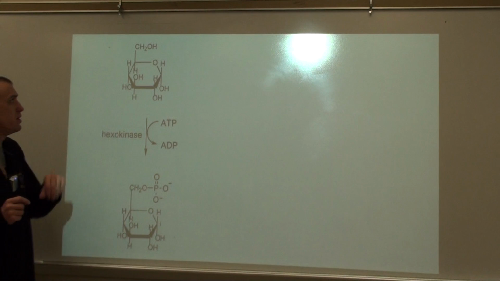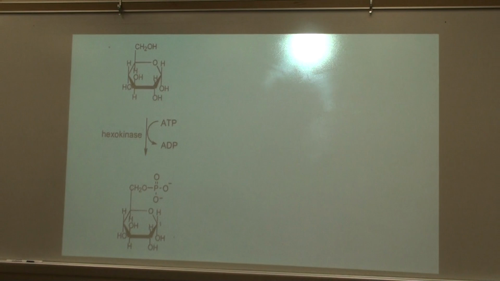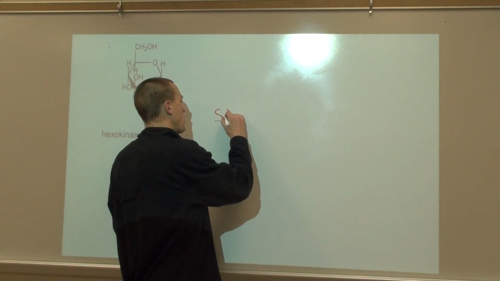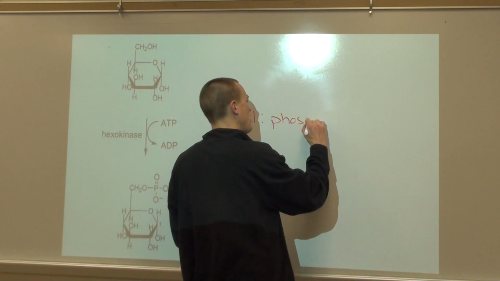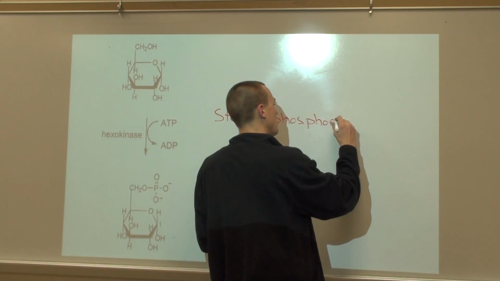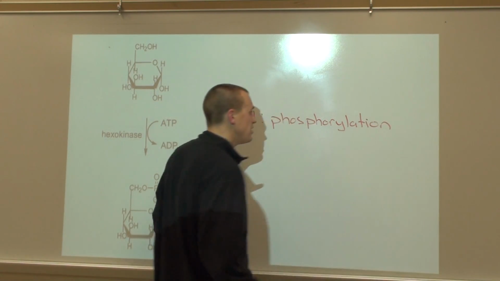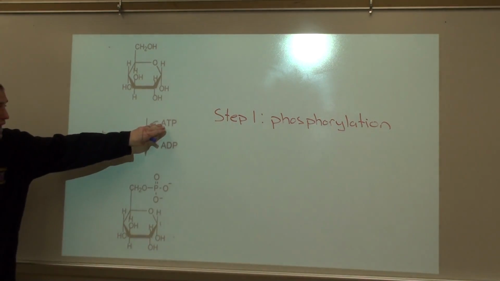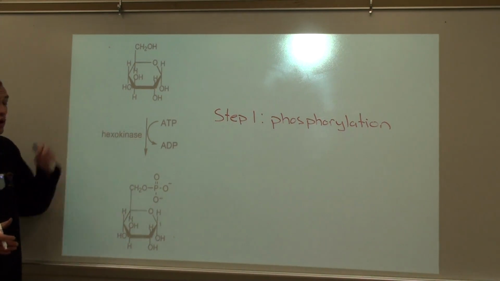So we start out here with our glucose molecule. The first step that occurs during glycolysis is phosphorylation. For phosphorylation, what happens is that ATP is used to add a phosphate to our glucose.